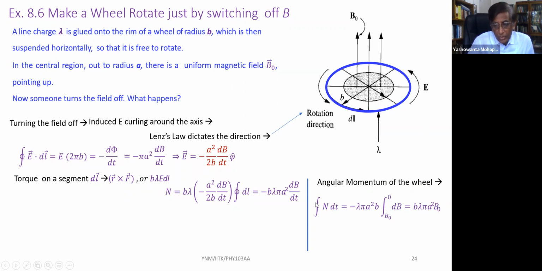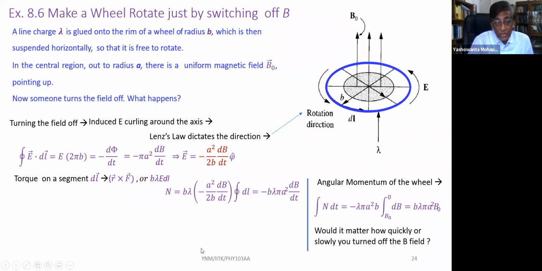Now the total angular momentum achieved depends only on B naught, not on the rate at which you switched it off. So after you switched it off, it has acquired angular momentum. Would it matter how quickly or slowly you turned off the B field? No.